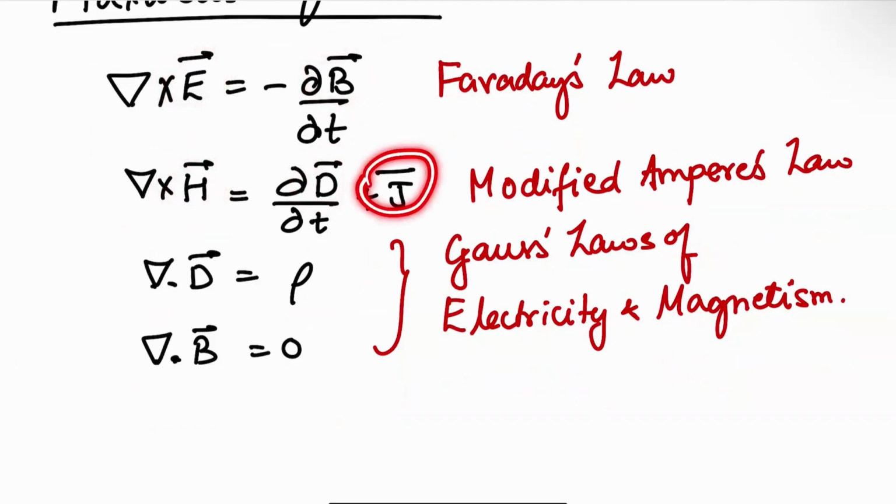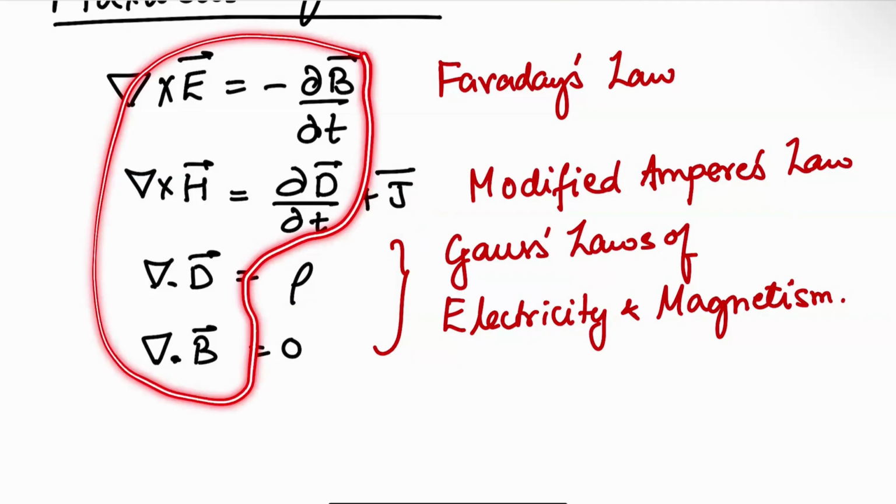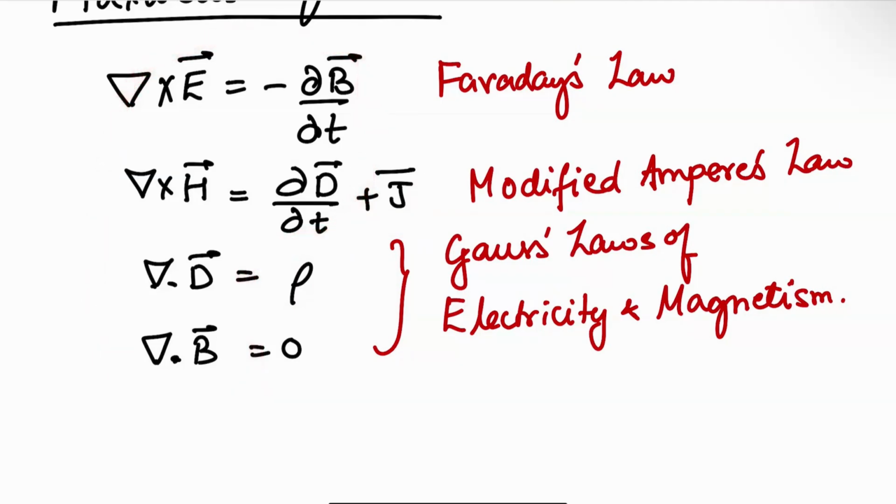And then you have the J, which is the current density, which is a known quantity, and rho is a known quantity. What I mean by that is that rho and J are essentially the sources of the fields. So these are usually given to you. And then you solve Maxwell's equations in different scenarios, which we'll do throughout the course, to find these fields, which are given by E, H, B, and D.